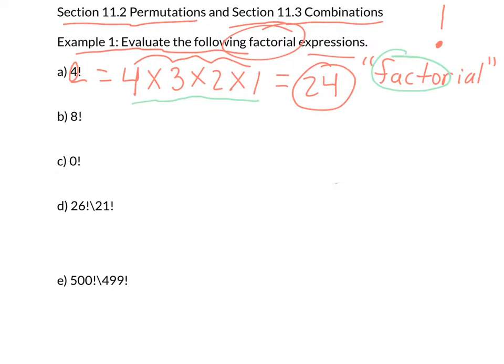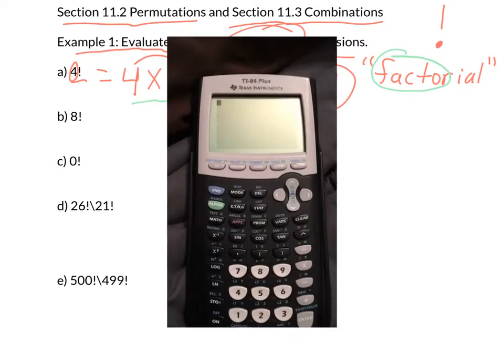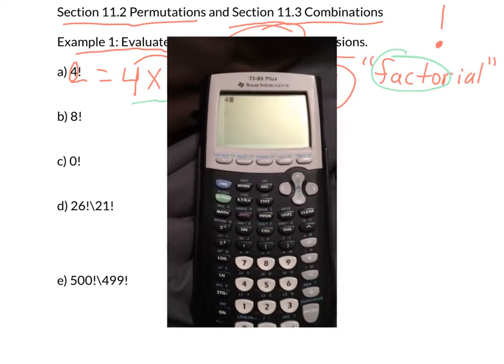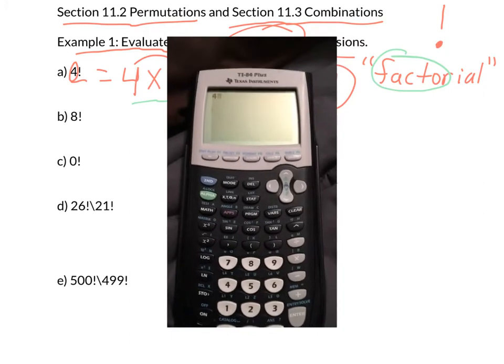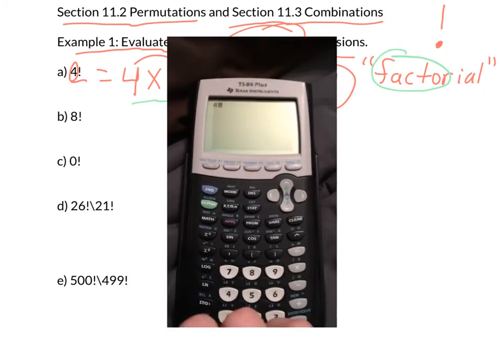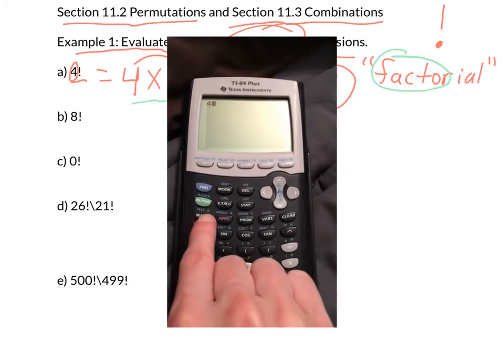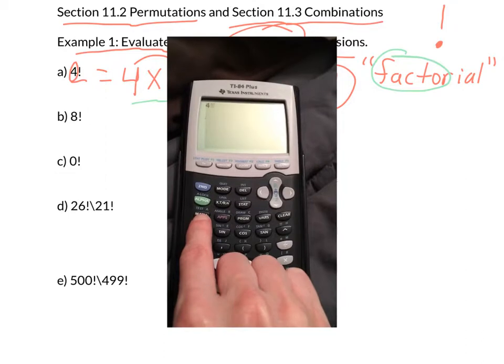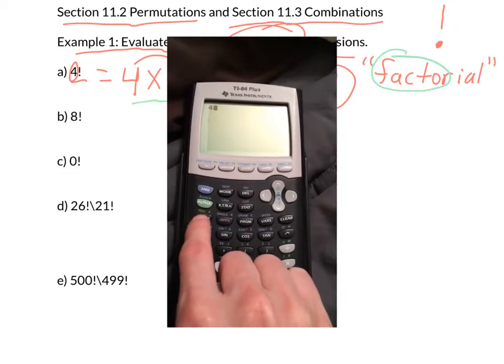Okay, so bringing up my calculator onto the screen so I can show you where the factorial button is located. You would type in the number first, so I type in the 4 first, and then our favorite button for chapter 11, which we're going to use a ton, is the math button. It's the third button down on the left side, right below the colorful alpha button.